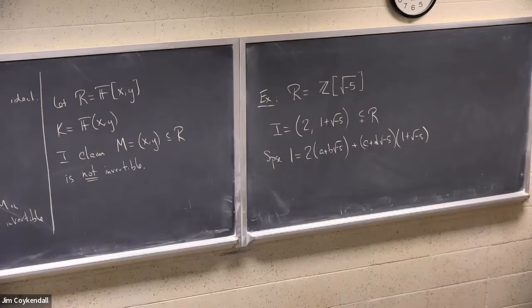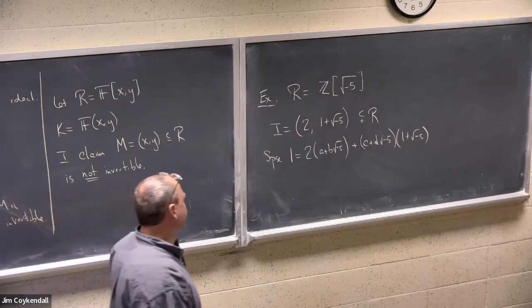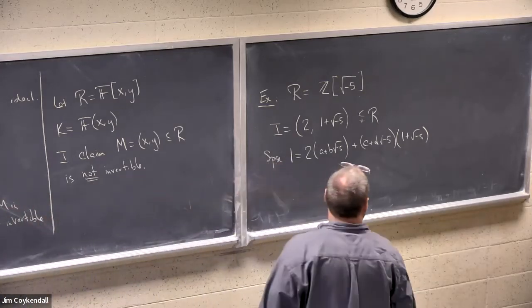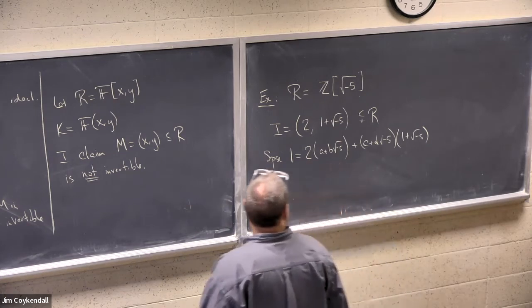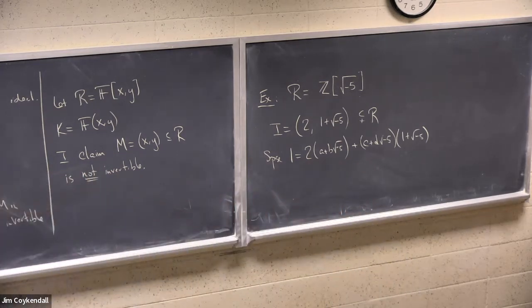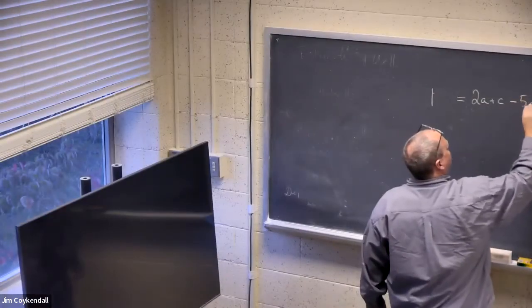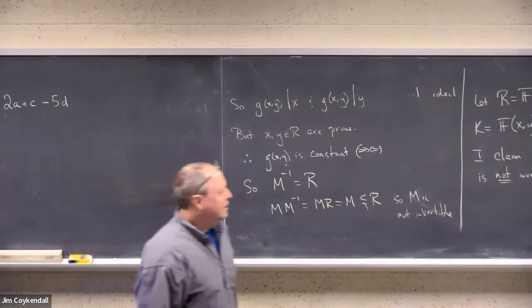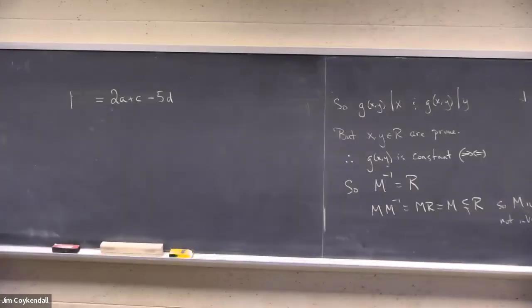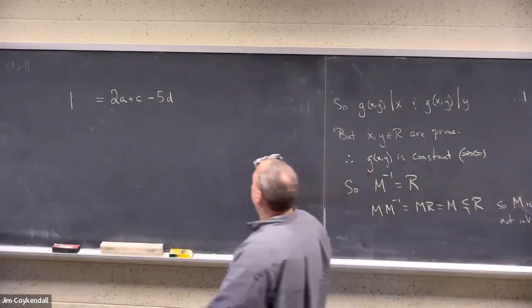Okay, first let me collect the terms that are just integers. I get 2a, I get c, and I get minus 5b. So let me get that right: 2a plus c minus 5b. Good. And now let me get the stuff with the radical -5 glued to it.